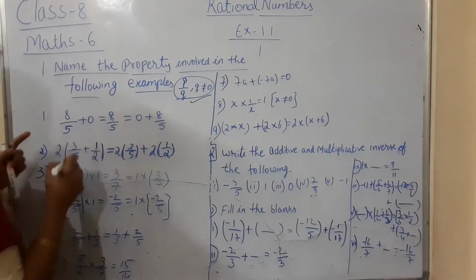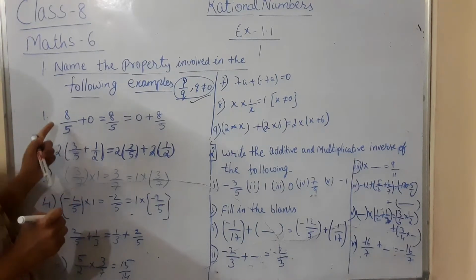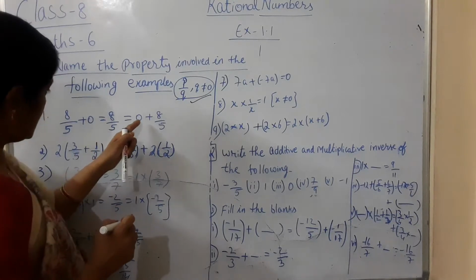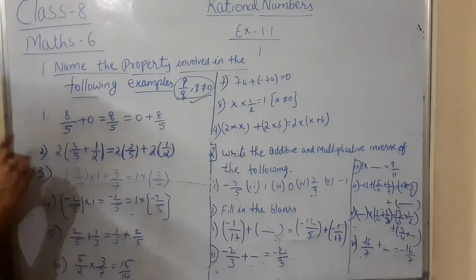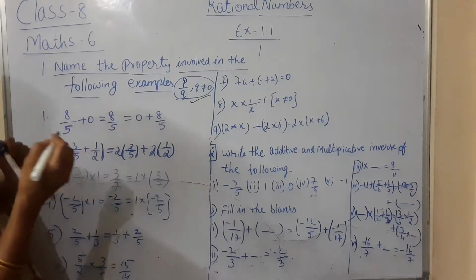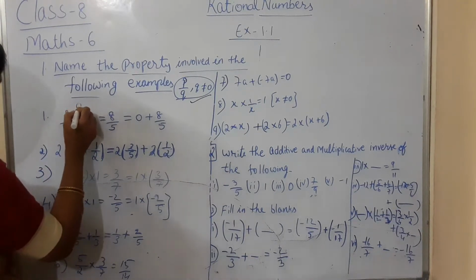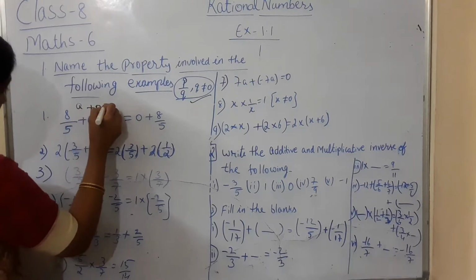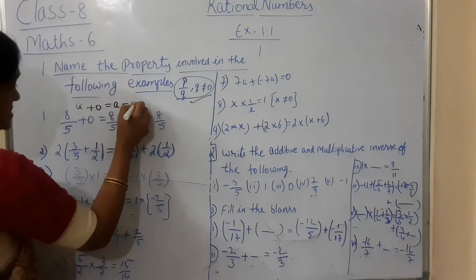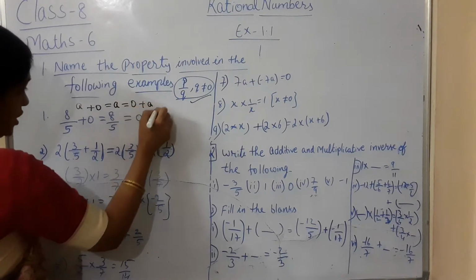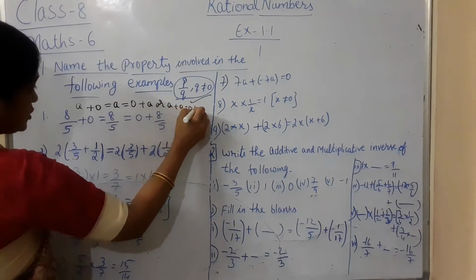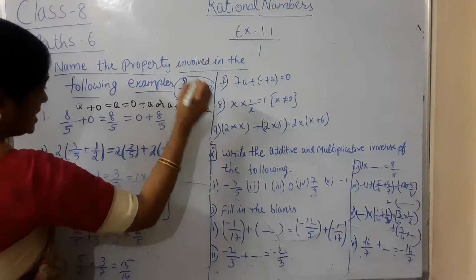So here you have 8 by 5 plus 0 is equal to 8 by 5, which is equal to 0 plus 8 by 5. In general, how do you write this? This is any number in the form of p by q. We can generalize and take it as a. a plus 0 is equal to a, which is equal to 0 plus a.